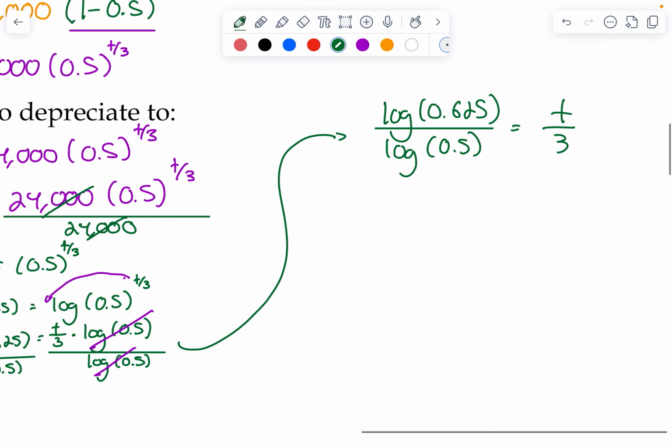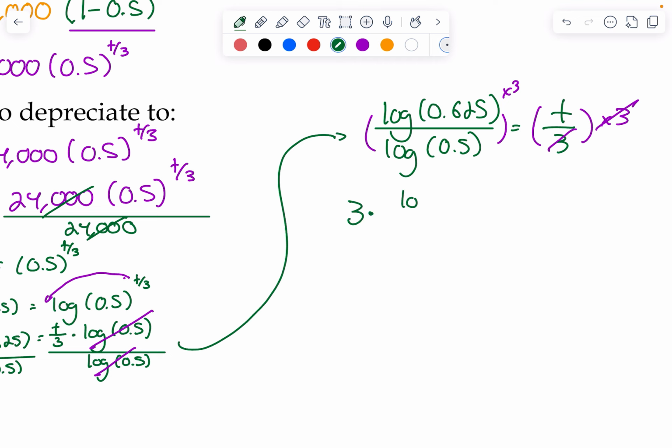Last step, multiply both sides by 3 to get rid of the 3 on the bottom, and you get t on its own, which is 3 multiplying log 0.625 divided by log 0.5.